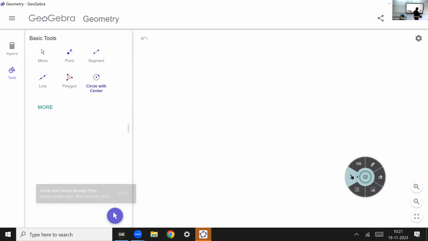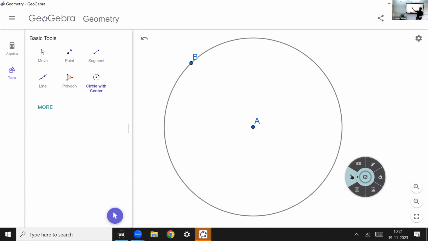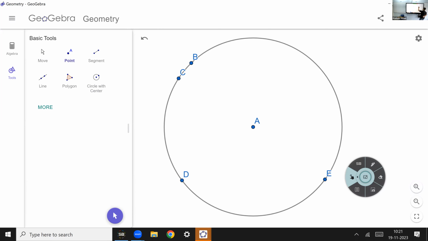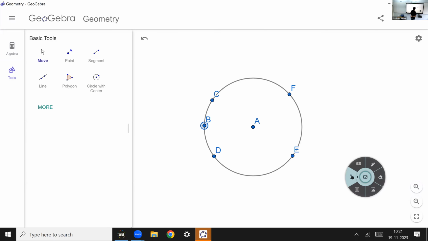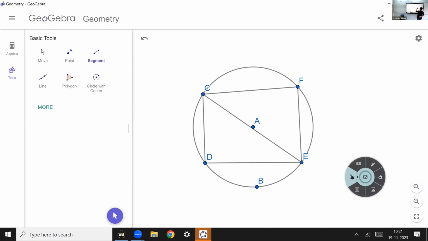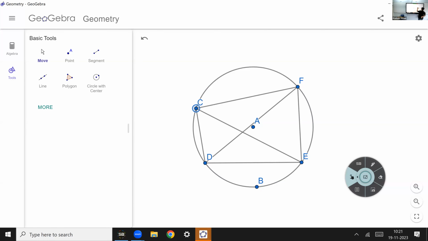Okay, so let me start the circle and ignore the notation. And let me do it slightly smaller. So these points C, D, E, F are our original 4 points.